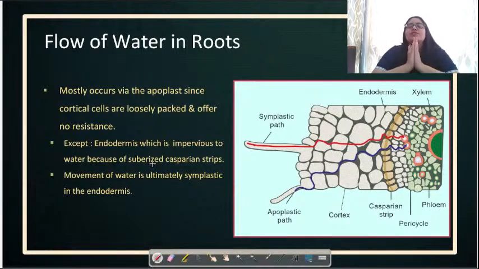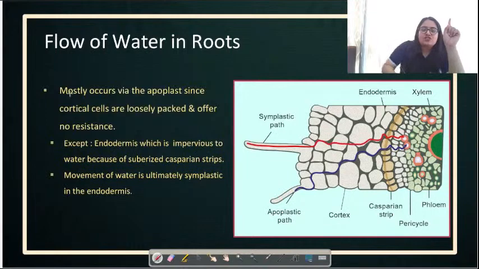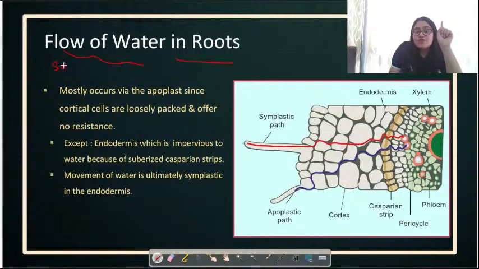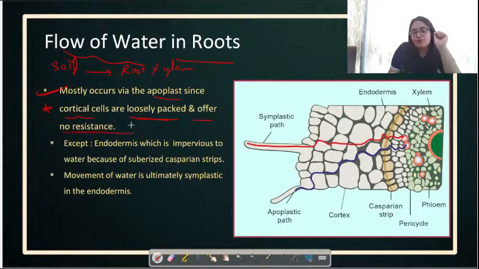And that's exactly what you need to understand on this slide, that the movement or flow of water in roots, that means from soil to root xylem, mainly gets transported with the help of apoplast. And believe me here, because of the cortical cells which are loosely packed and offer no resistance.